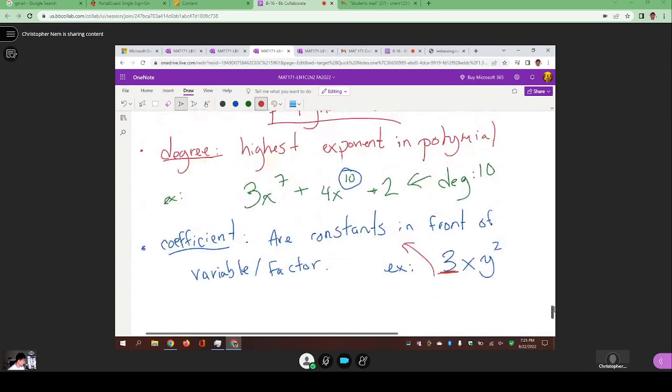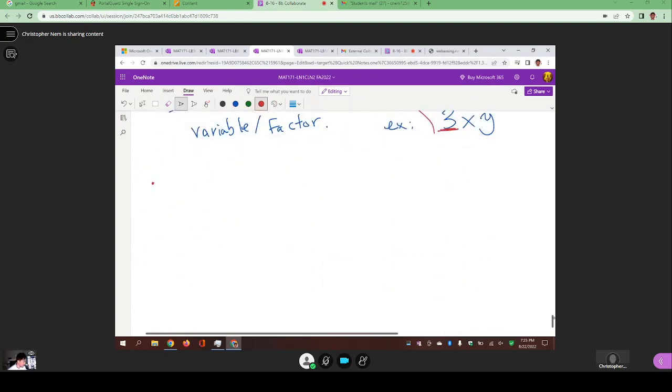Next definition after degree and coefficient is factors. So I told you that, hey, for a coefficient, it's got to be in front of a variable slash factor, but I never told you what a factor is. So we're going to formally define it as components of products. And in mathematics, when you think of the word products, you should think about multiplication. So, example, 3 times 5 will give you 15.